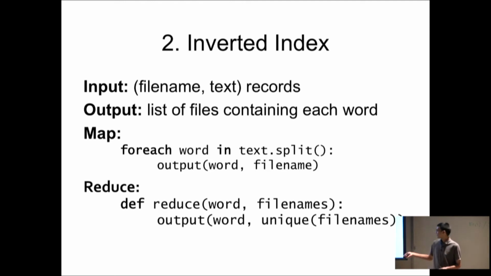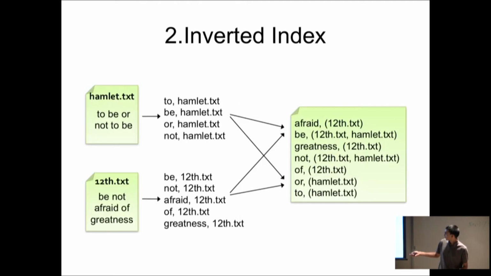That's what the reduce function is doing. So if you map this back to what we wanted to do, for every word, you output the file name associated with it, and then the reducer just merges these things up, and you get an inverted index. So this maps to the original motivation behind the MapReduce paper, which was you wanted to build this giant inverted index to do web search efficiently, right?